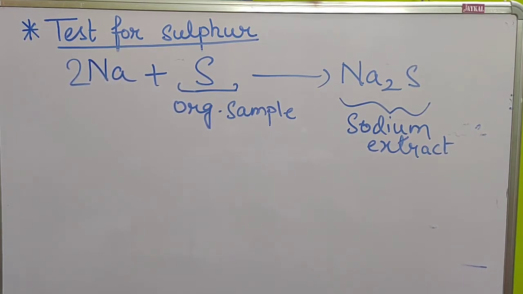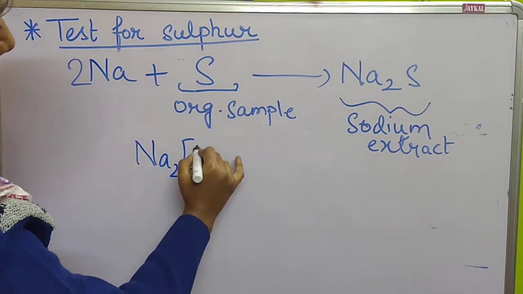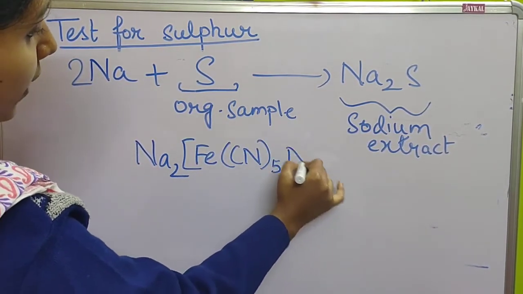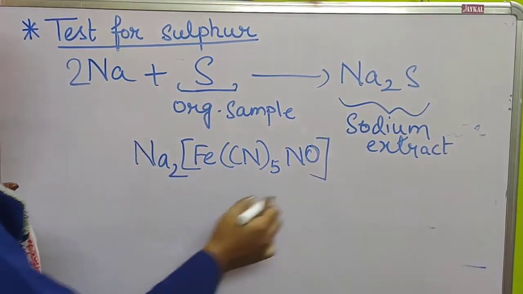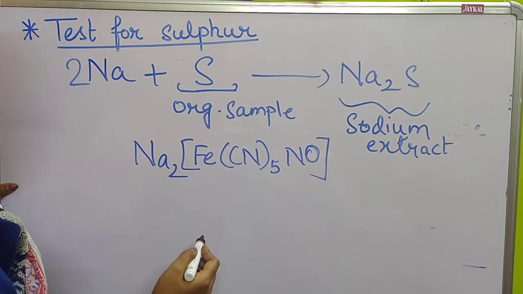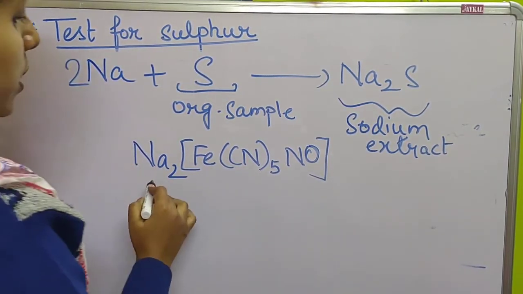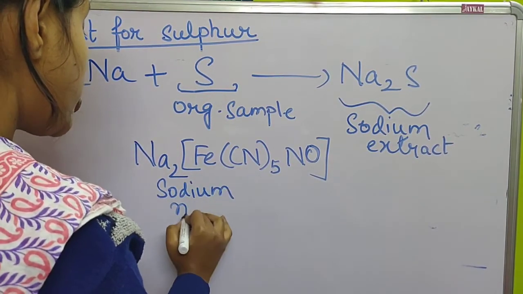What is the formula of sodium nitroprusside? The formula is Na2[Fe(CN)5NO]. A nitroso group is present, cyanide groups are present, and iron is also present. So this is sodium nitroprusside.